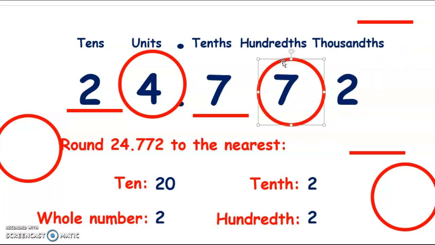I'll ask myself, is 7 more or less? Definitely, 7 is more. So I'll add 1 to here so that my answer becomes 24, but because I've added 1 here, 7 now becomes 8. So we have 24.78.